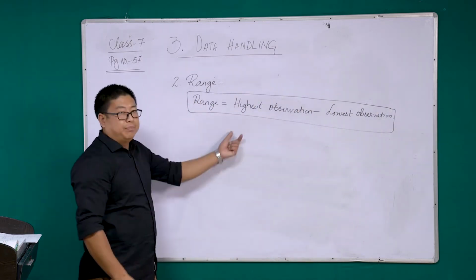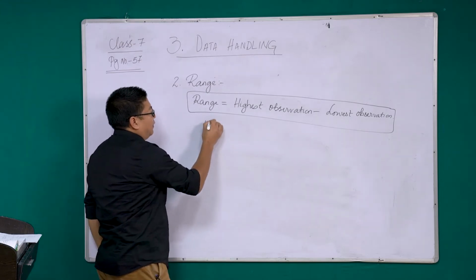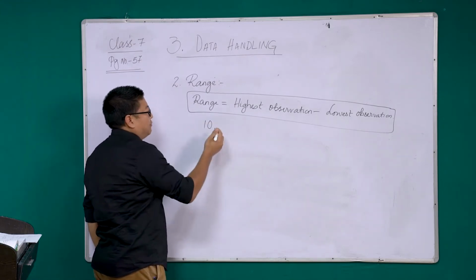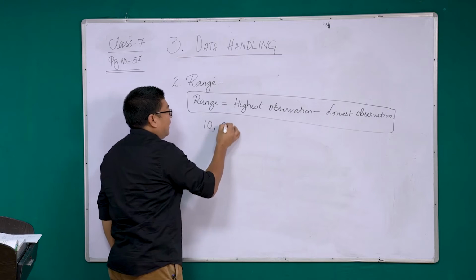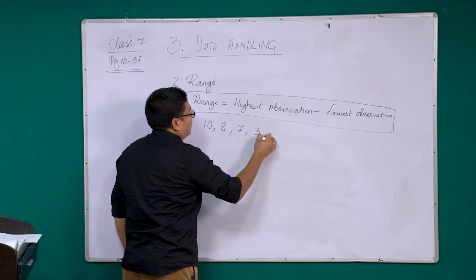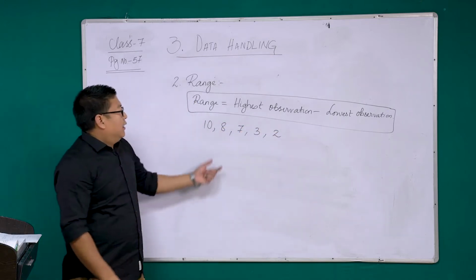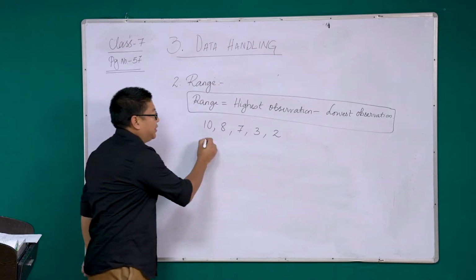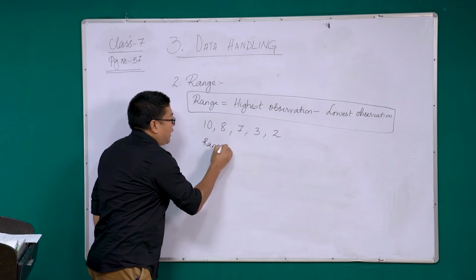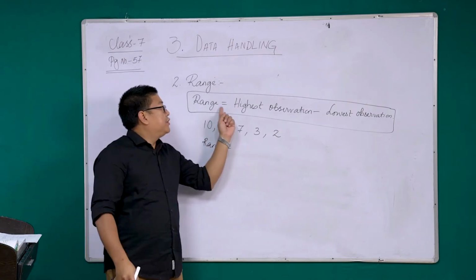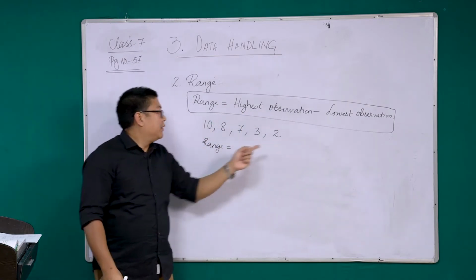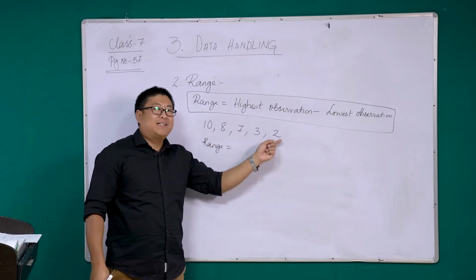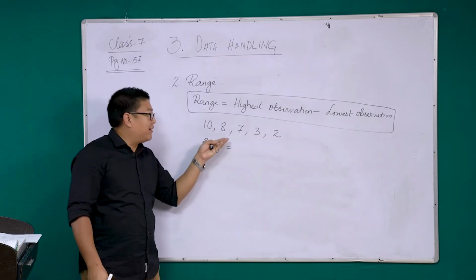Let's take an example. For example, we have some data: 10, 8, 7, 3, and 2. To find range, range is equal to highest observation minus lowest observation. Now look at these data. Which number is the biggest or the greatest?